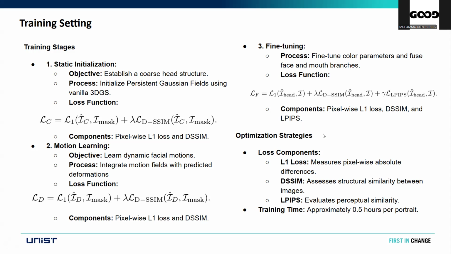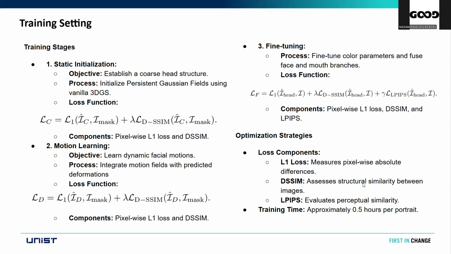For the optimization strategy and loss components, they use L1 loss to measure the pixel-wise difference between the reconstructed and the ground truth images, and structural similarity to assess the structural similarity between the reconstructed and ground truth image. Also, we have perceptual similarity.